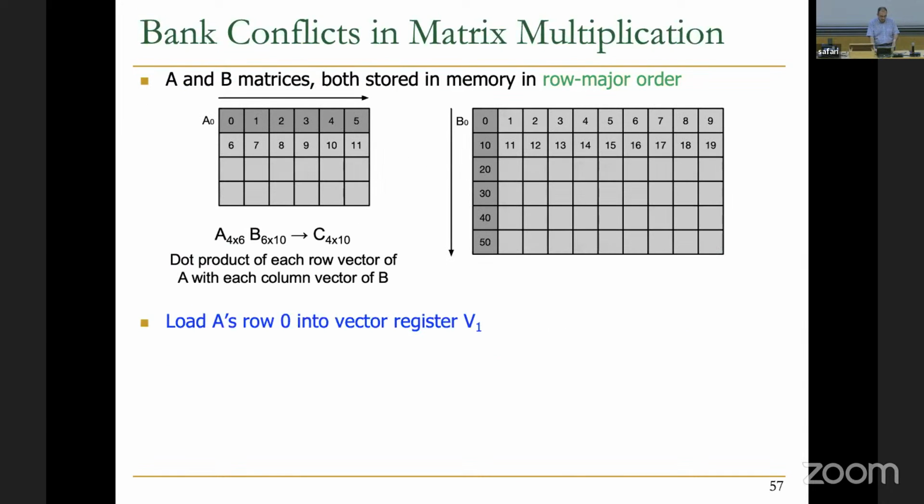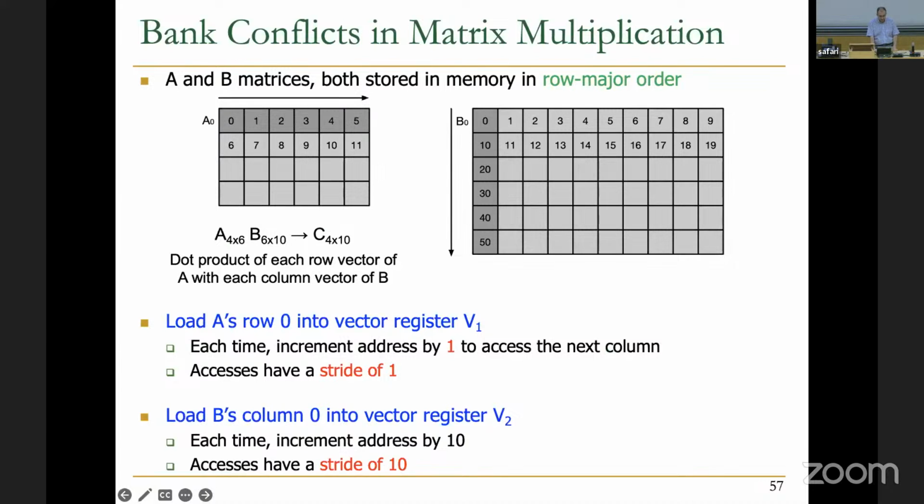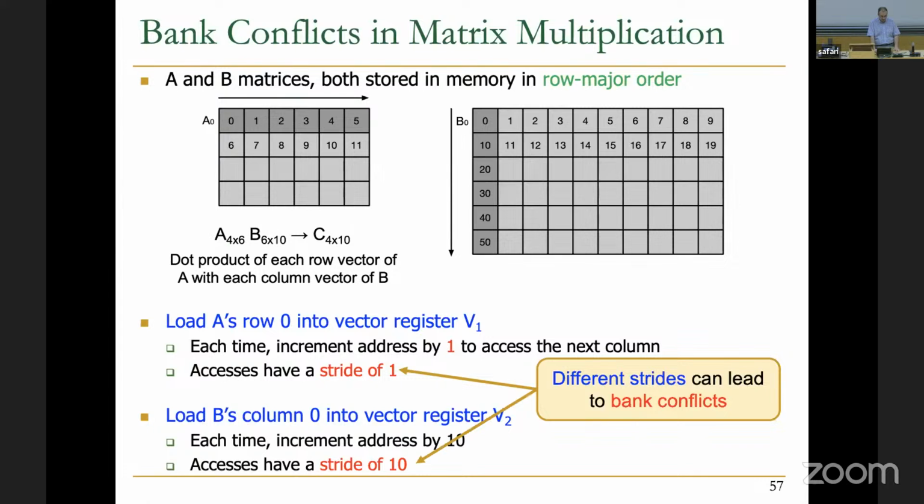We already discussed this example: when loading matrix A we have a stride of 1, and when loading matrix B we have a stride of 10. Changing strides can lead to bank conflicts, which means you have two or more accesses to the same bank. These accesses are going to be serialized. They cannot be served in parallel, and that is a killer for such architectures.